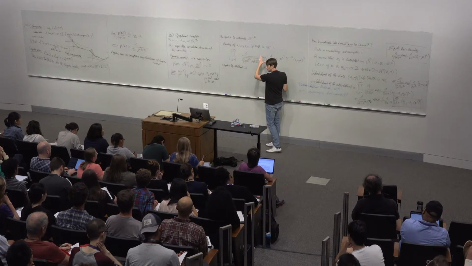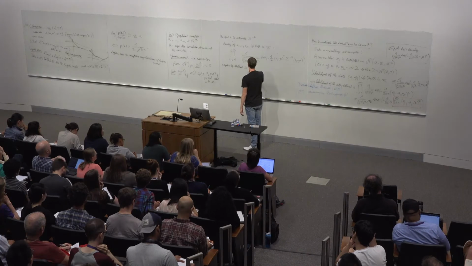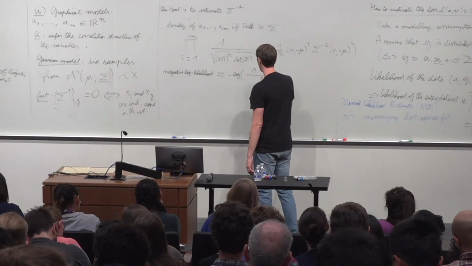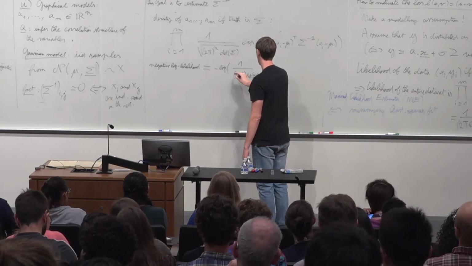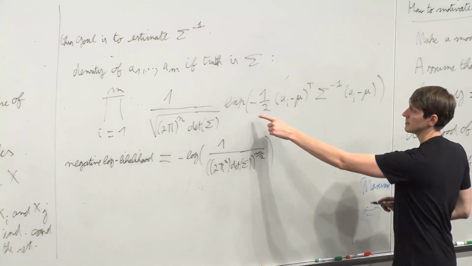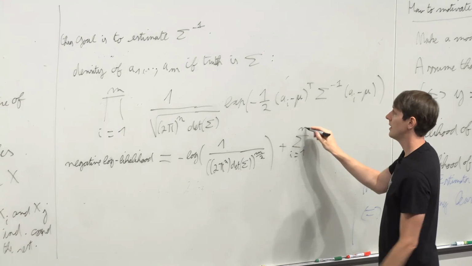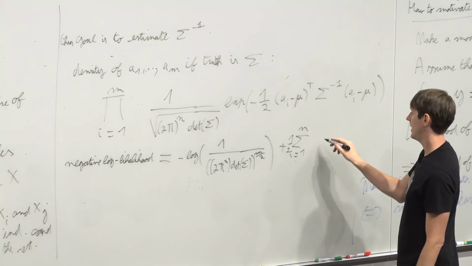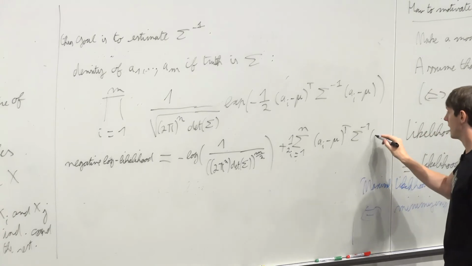So I will have a sum of stuff. Maybe I just write it. So what do I get? I get minus log of 1 over 2 pi n determinant of sigma, to the m over 2. And then I get the sum for i equals 1 to m, and I get minus log of this, so the minus minus cancel, plus 1/2 ai minus mu transpose sigma inverse ai minus mu.